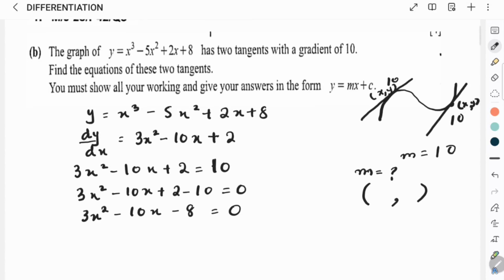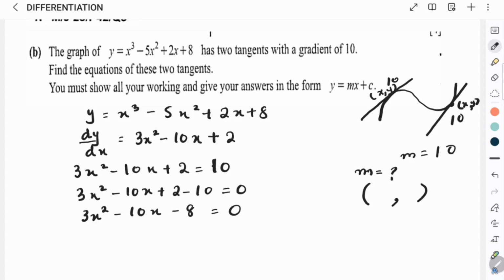Now we have a quadratic equation, so we factorize. Breaking the middle term: 3 eights are 24, 6 fours are 24, but here we have a minus, so we have to look at the difference, and 6 and 4 will make 10. So that's not right. One of the signs will be negative and the other positive, and we have to see the difference in the middle.